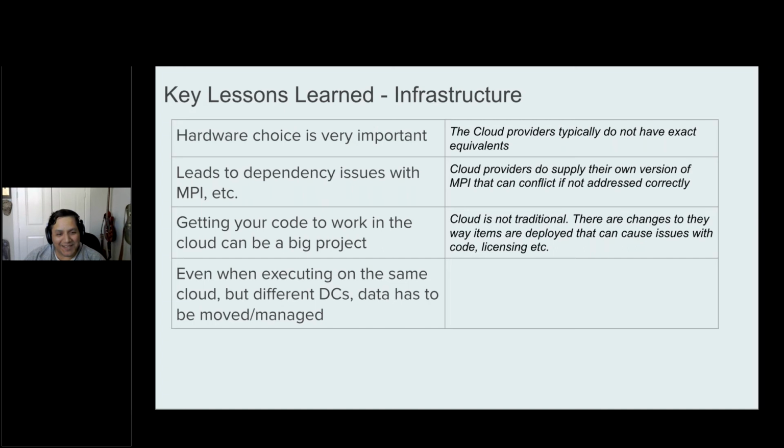The other piece, and this is a really fun one, is getting the code to actually work in the cloud. When you're compiling code yourself, it's not easy. I'm sure everybody on here knows that. But working in a cloud environment, where we're trying to create code that can go between different types of hardware and run well, especially with different cloud providers that all have different architectures, it becomes an even bigger project.